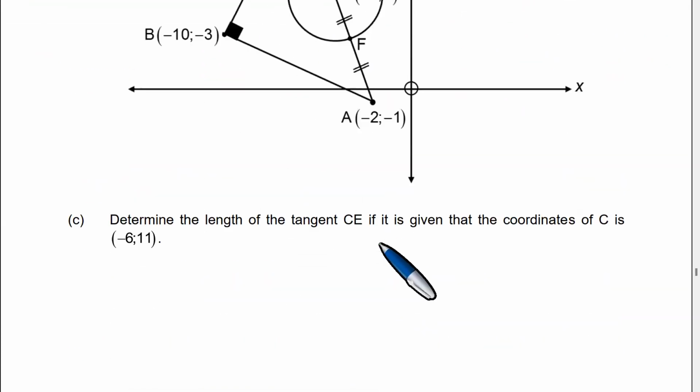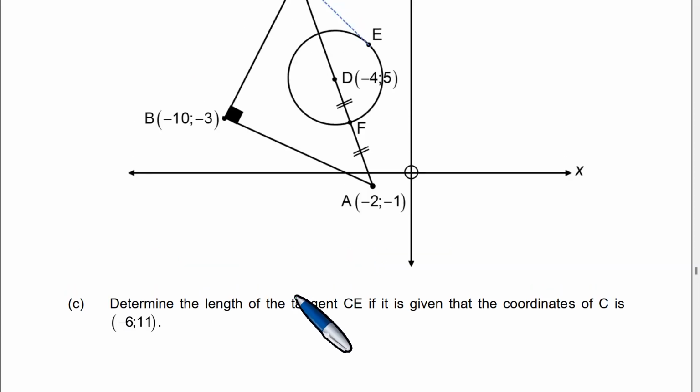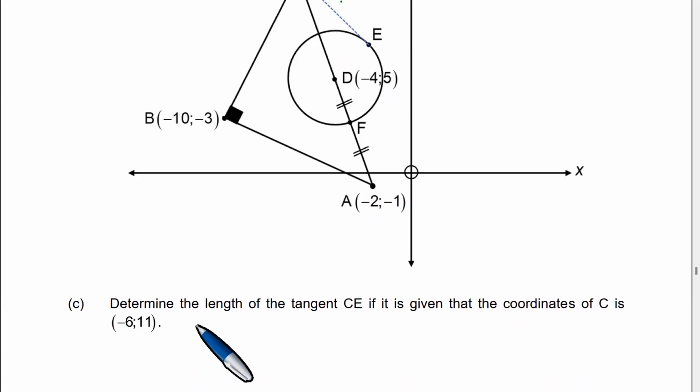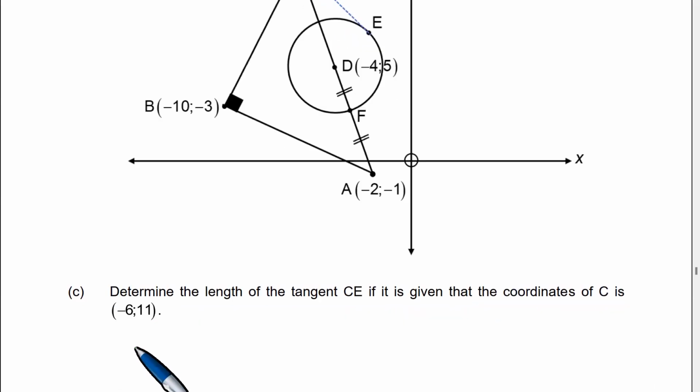Right, we have the diagram that has been given. Determine the length of the tangent CE if it is given that the coordinates of C are these. Okay, they want the length of the tangent CE, the length of this one. You see they've given us the coordinates of C, because the examiner knew that we need to use them.